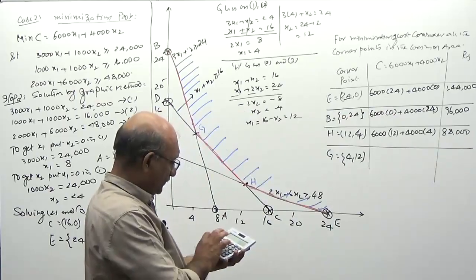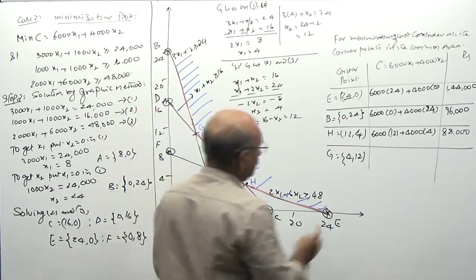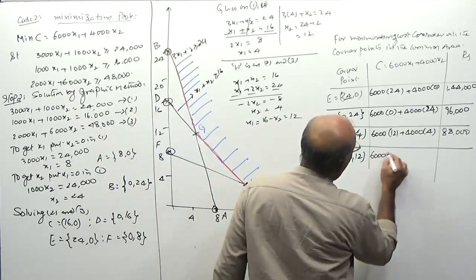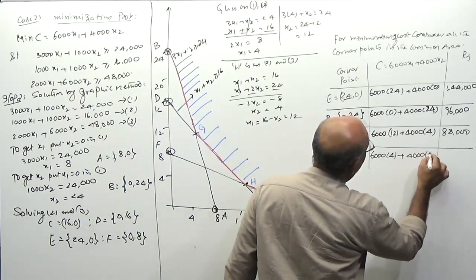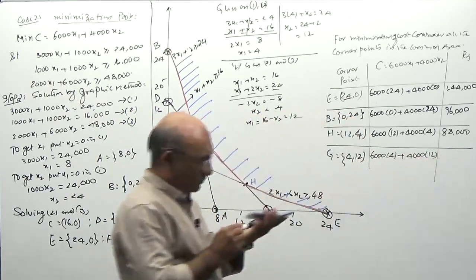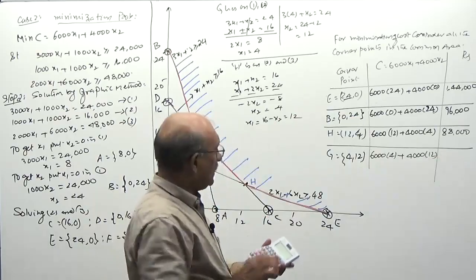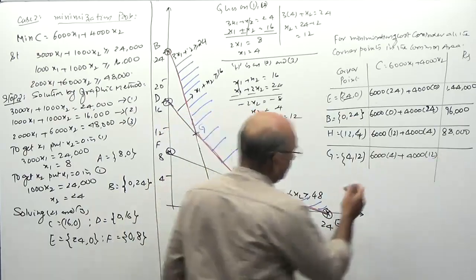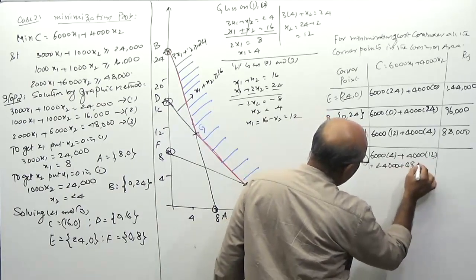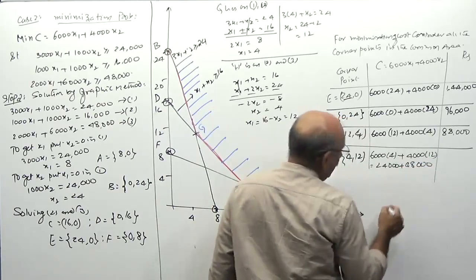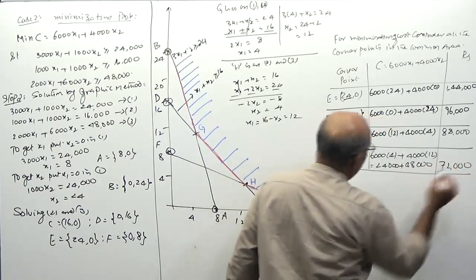Now sir, 6,000 into 4 plus 4,000 into 12. So 24,000 plus 48,000. So this is 72,000.